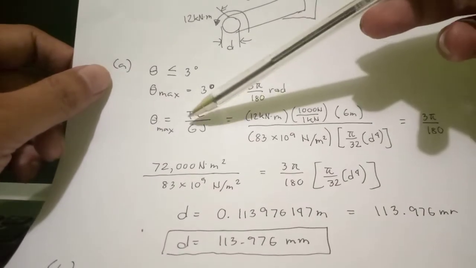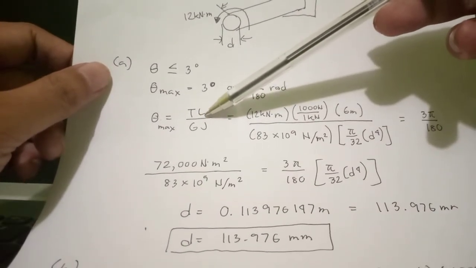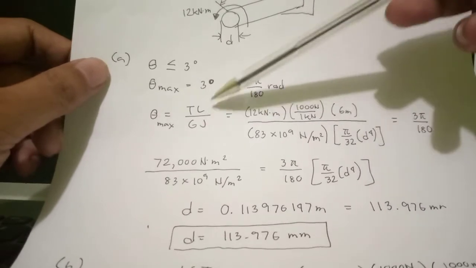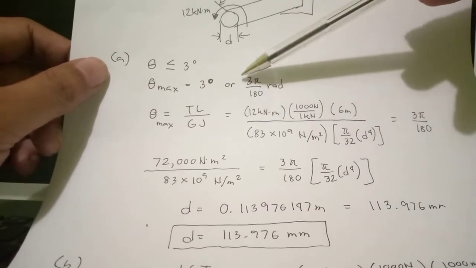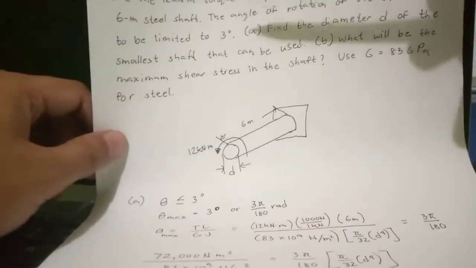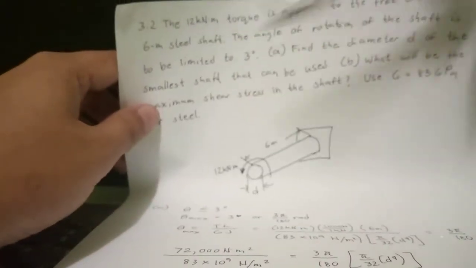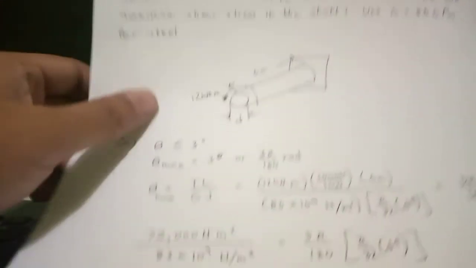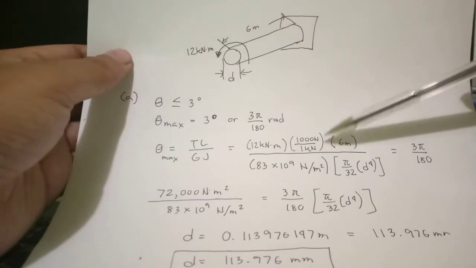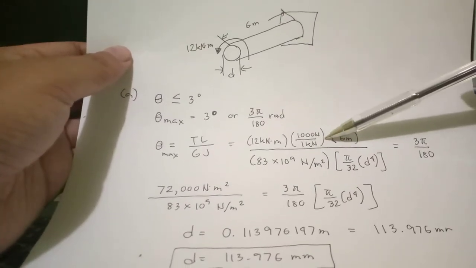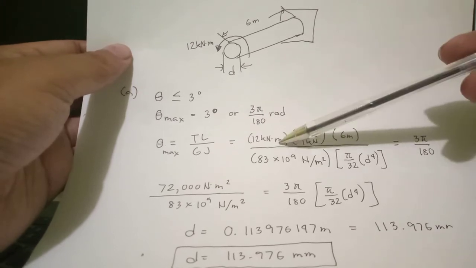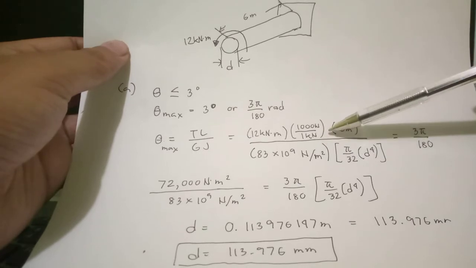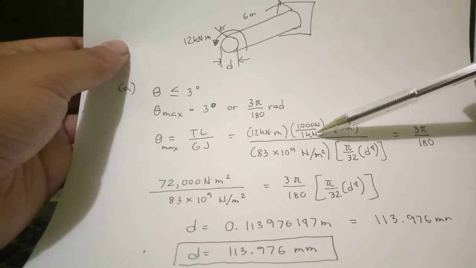So this is the formula for your angle of twist, TL over GJ. We have the given applied torque, which is 12 kilonewton meter. I multiplied it by 1000 newton per 1 kilonewton so I convert it into newton meter.